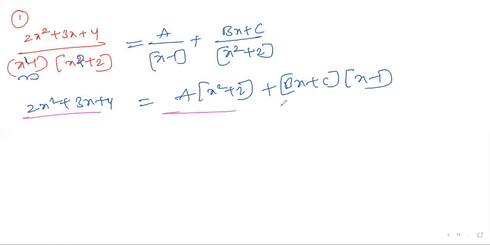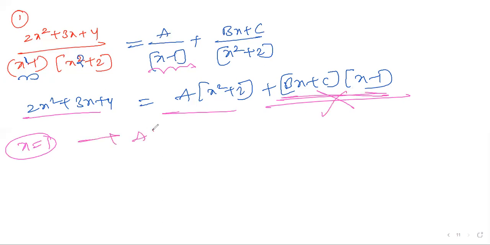Next, what you have to do here: the possibility is x is equal to 1. If you substitute x is equal to 1, this portion is going to be gone, and you will get the value of A. But there is no alternate option. X is equal to minus 2, you cannot keep, it does not make it 0. So there is no possibility to find the value of B directly. Only the A value you get.